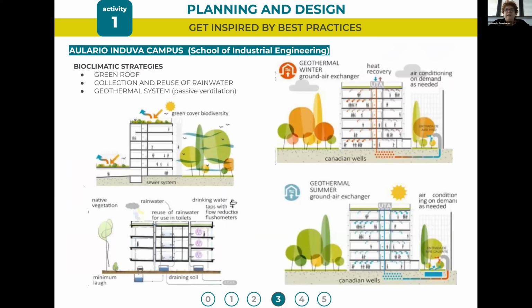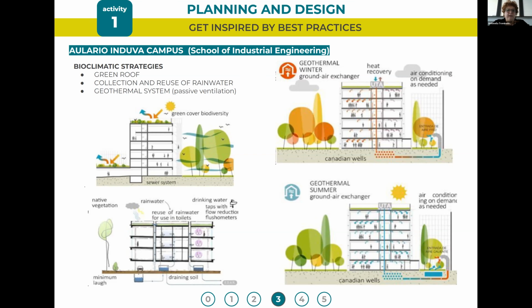They analyze this kind of best practice from the bioclimatic strategies, and they demonstrate many times how it's possible to integrate this new solution, integrating the nature-based solution.